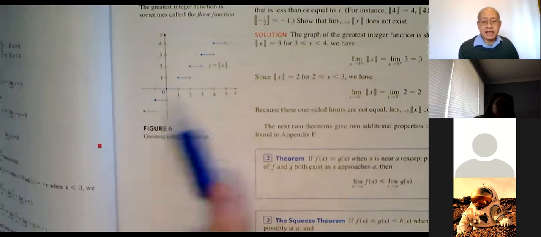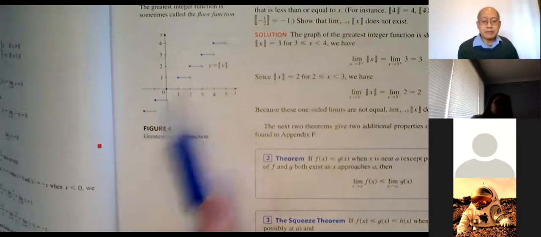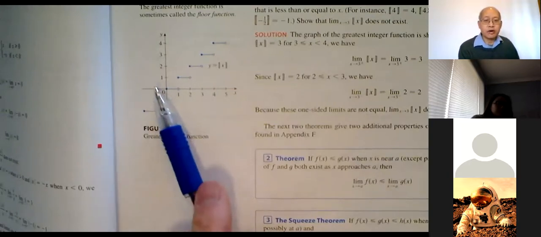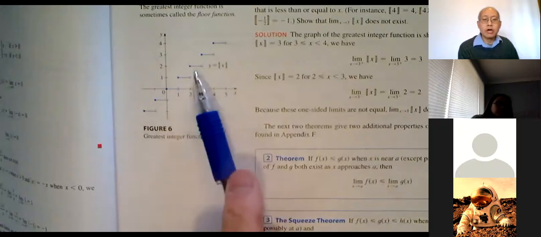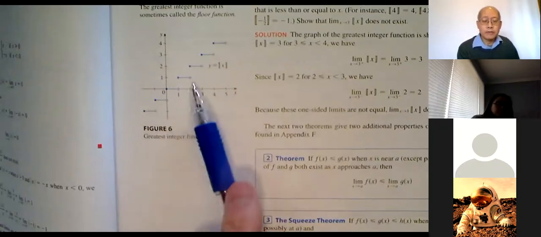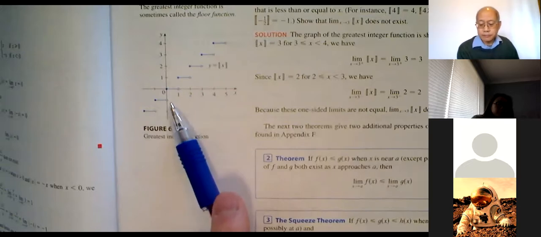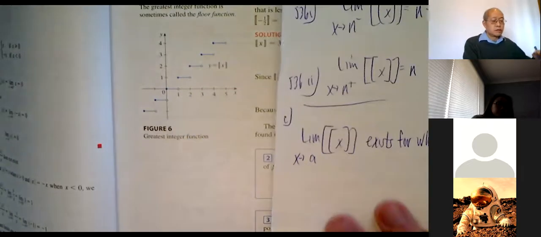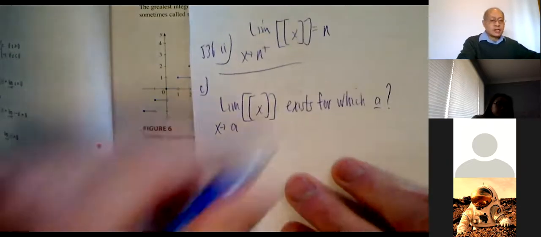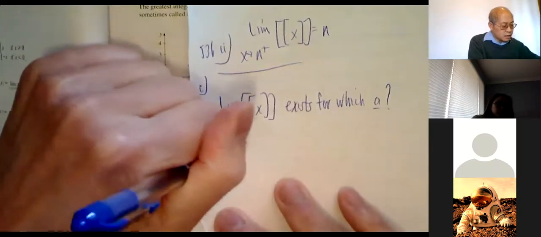If you can imagine that you're actually climbing the steps, where do you jump up? At negative 1, 0, 1, 2, 3, 4. You don't jump up at the non-integers, like negative 2.4, and so on. Right? So the answer for this is the two-sided limit.